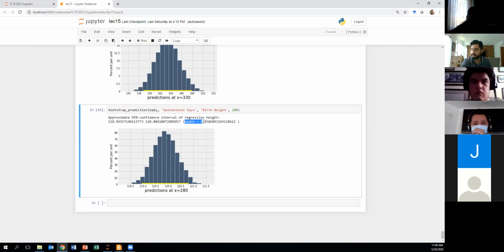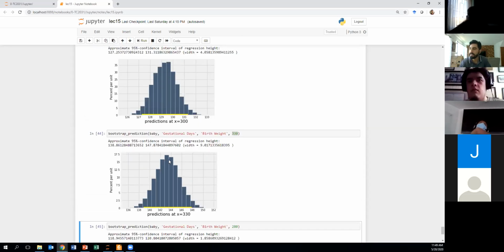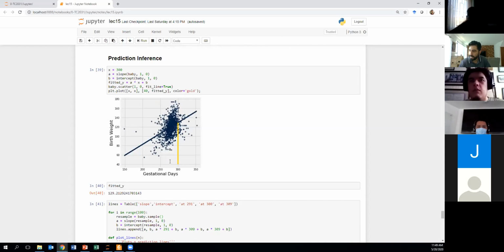So the width is just 1.8. You can see I can predict much more precisely here, because at gestational day 280 I have a lot of data to base the prediction on.